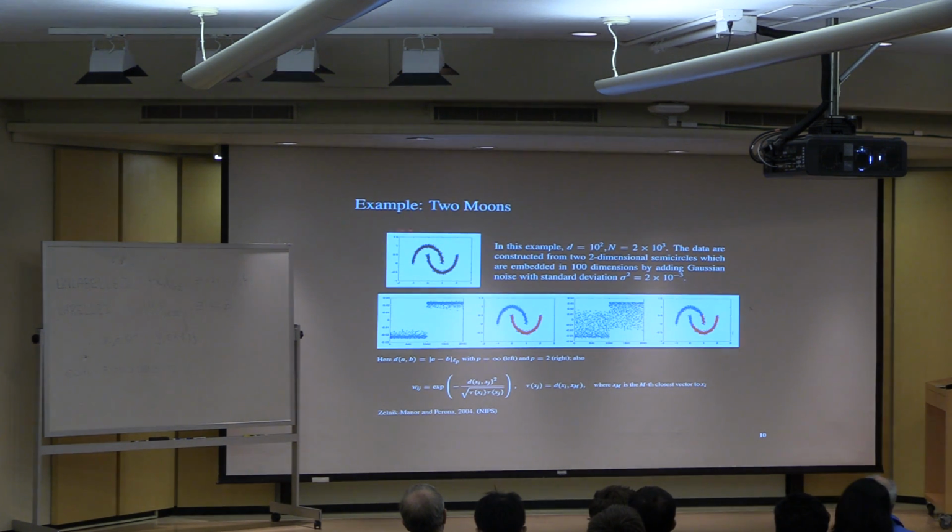The purpose of this slide, with a different data set, the two moons data set, is to show you that the way in which you construct the edge weights is important. This is an artificial data set, here shown in 2 dimensions. For the sake of the computation, it's embedded with the addition of random noise in 102 dimensions. These are the Fiedler vectors computed when I compute the edge weight function using here an L infinity norm and here an L2 norm.